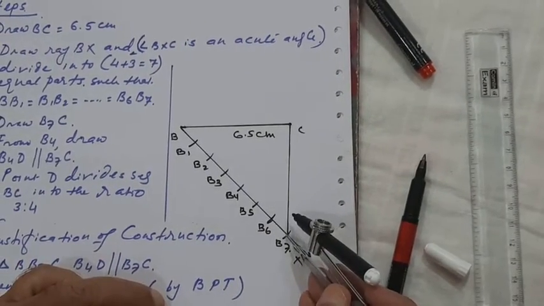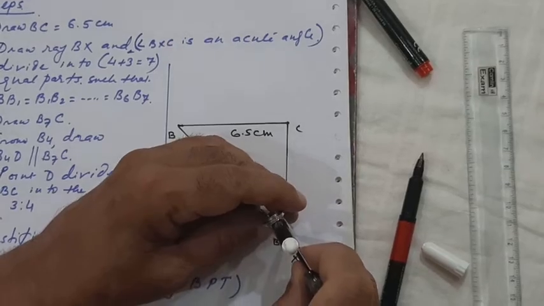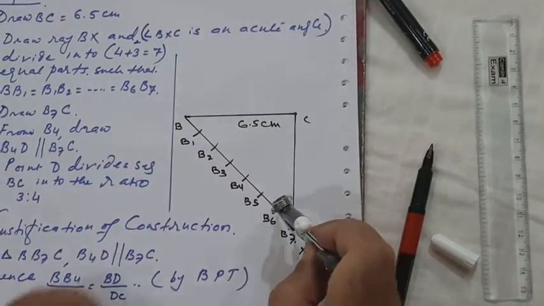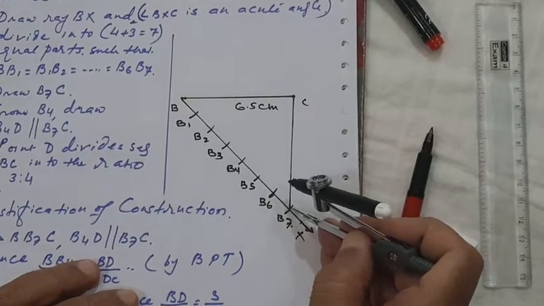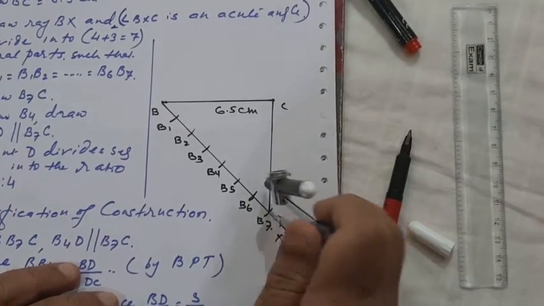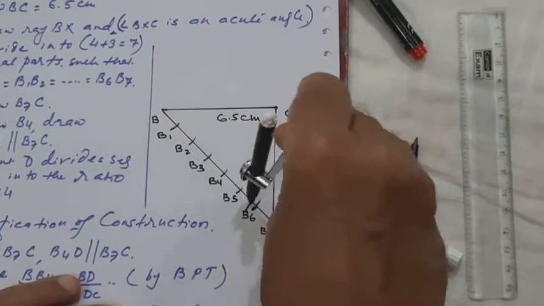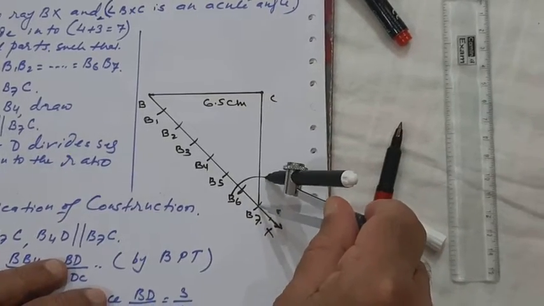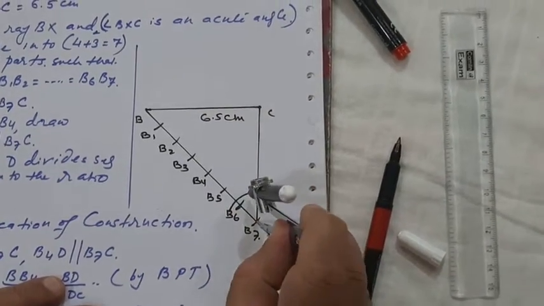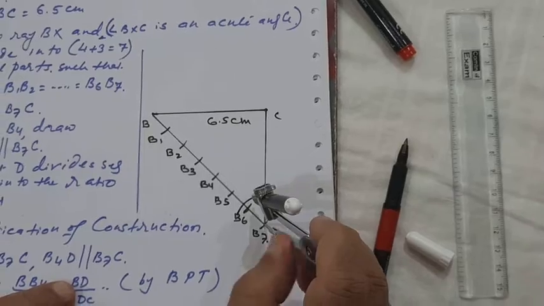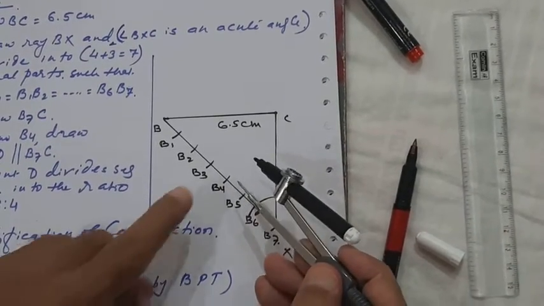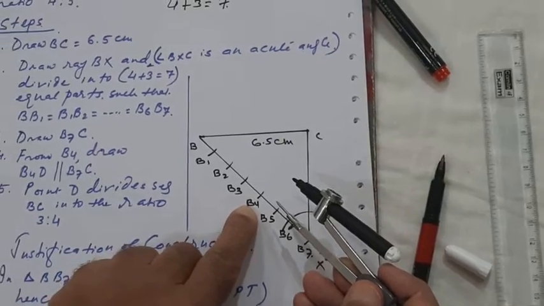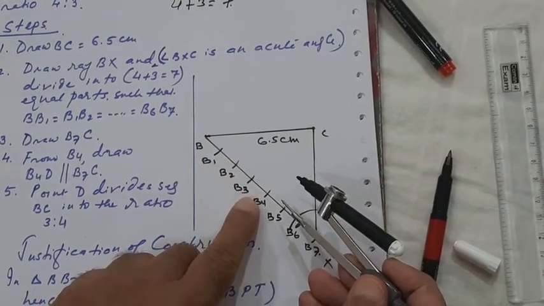See how. Now taking compass, keep the compass at B7, or taking the center B7, draw one arc. See here. Taking this same radius from B4 now, we have to draw the parallel line. So take the center B4.